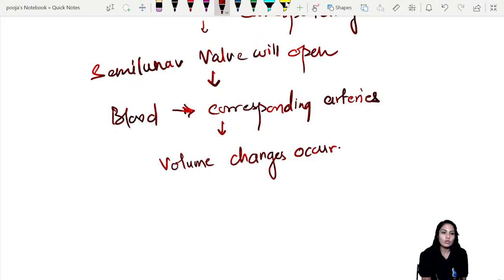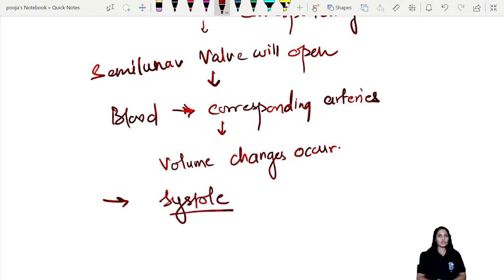In this topic we talked about ventricular contraction, and this phase is known as systole. Whenever it is not mentioned whether it is atrial systole or ventricular systole, remember, that means it is ventricular systole. It is written as ventricular systole or simply systole, so even if you do not write ventricular, it is okay.